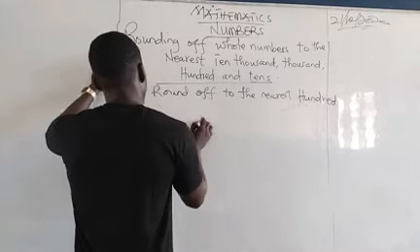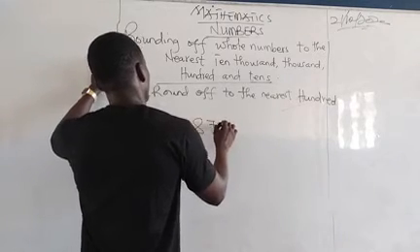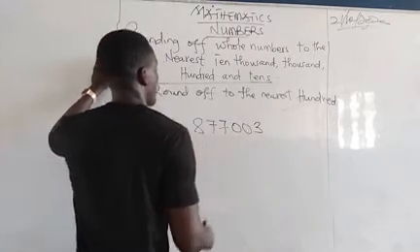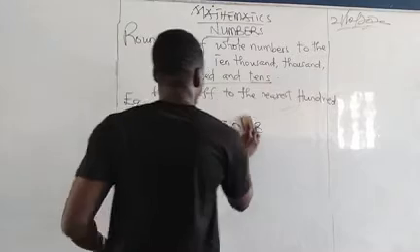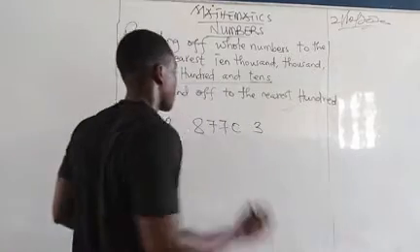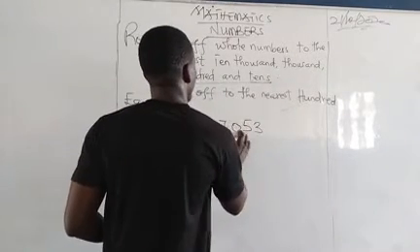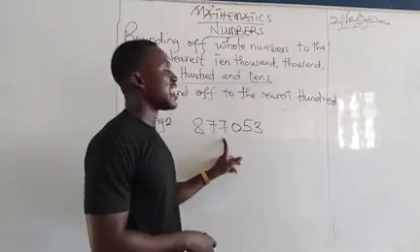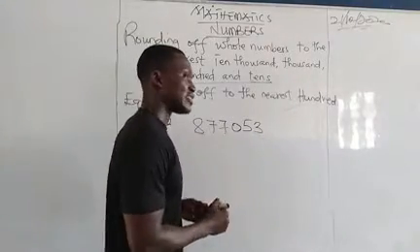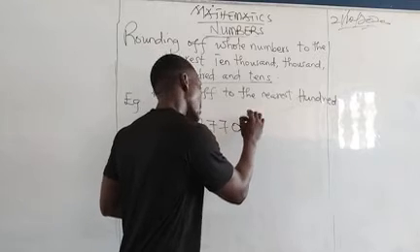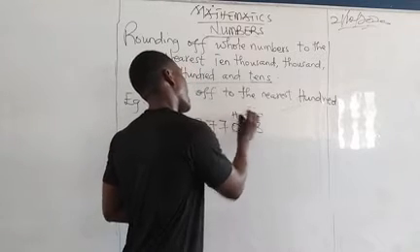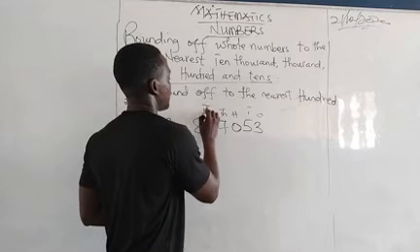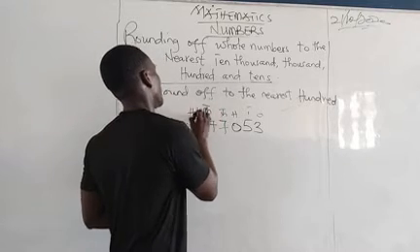Alright. So now to the nearest 100. I said first we need to give out the names: ones, tens, 100, 1,000, tens of 1,000, then hundreds of 1,000.